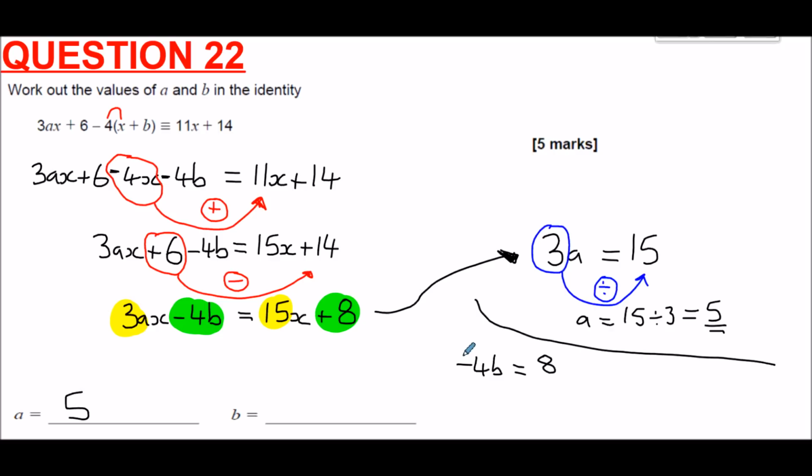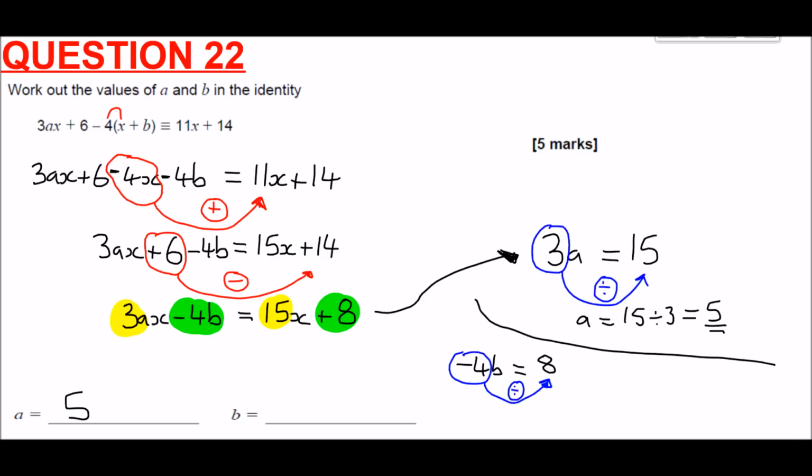We want b on its own. Minus 4b means minus 4 is multiplying the b. If there's no mathematical instruction between two different things, it will mean one is multiplying the other. And so if we swap this minus 4 to the other side, it'll become a division.